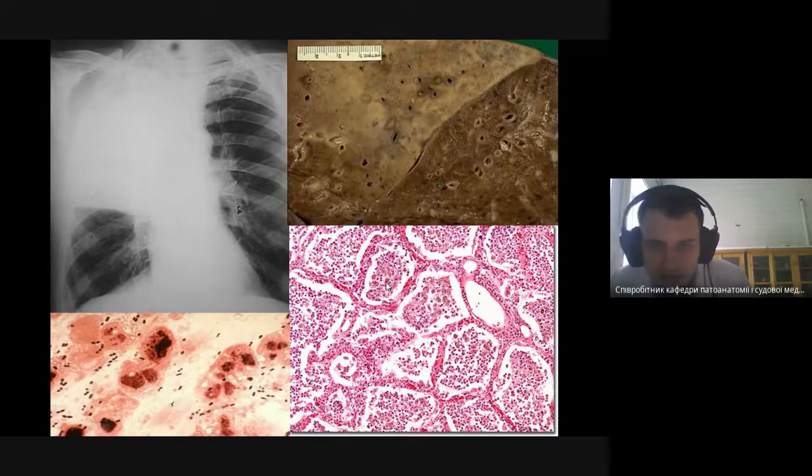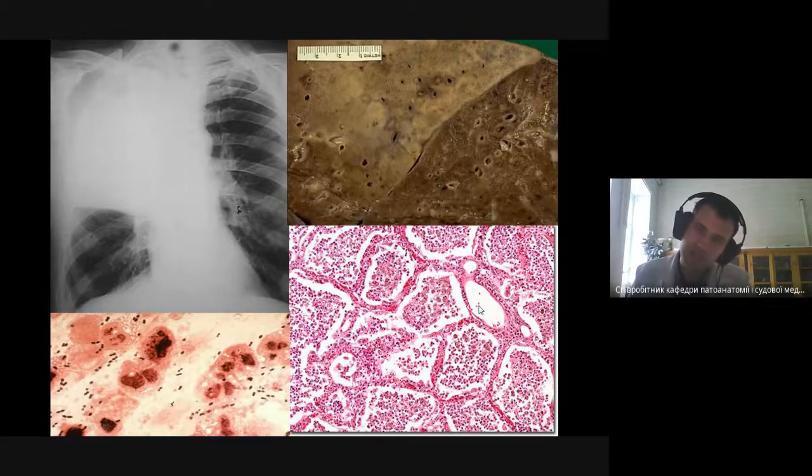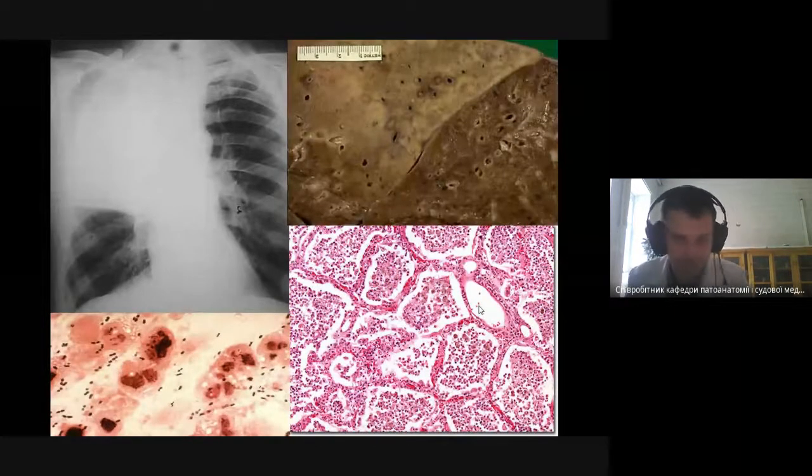In the lumen, by the way, there are siderophages with hemosiderin, red blood cells, neutrophils, and fibrin. So that's something between red hepatization and gray hepatization then.